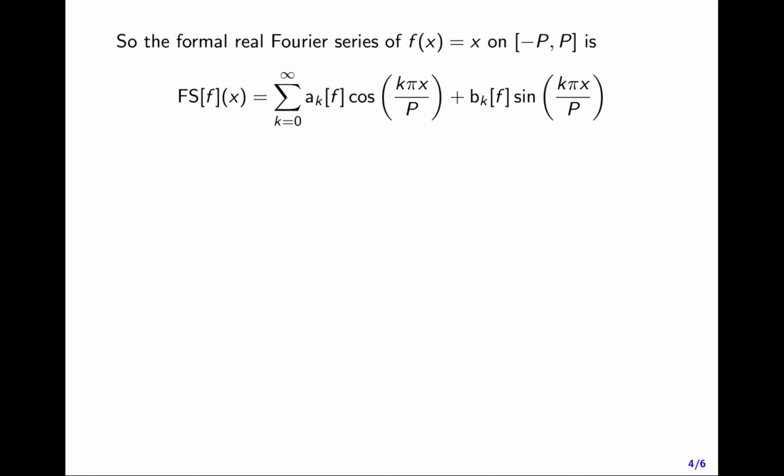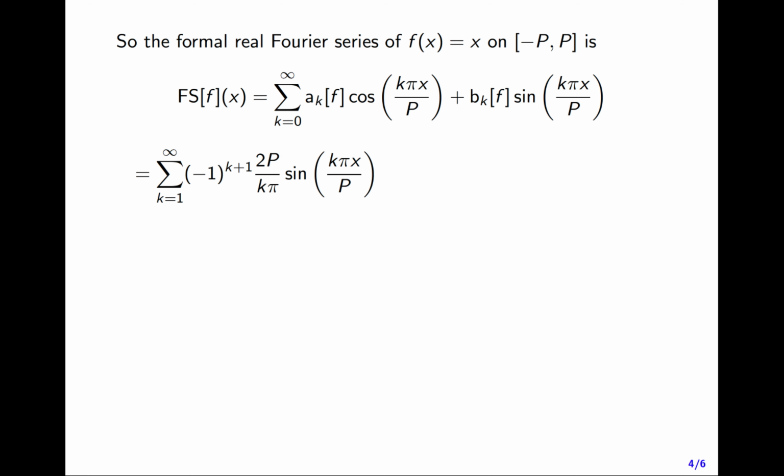So the formal real Fourier series of f of x equals x on the interval from minus p to p, of course, is the sum from k equals 0 to infinity of ak on f cosine of k pi x over p plus bk of f sine of k pi x over p. And here my ak's all dropped out, including the k equals 0 term, so I'm left with just the bk terms.